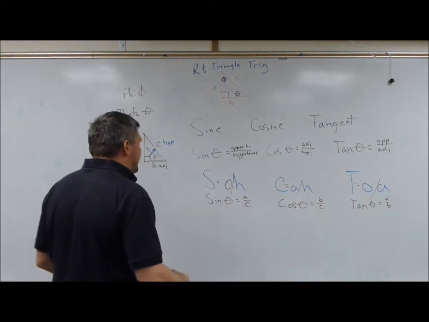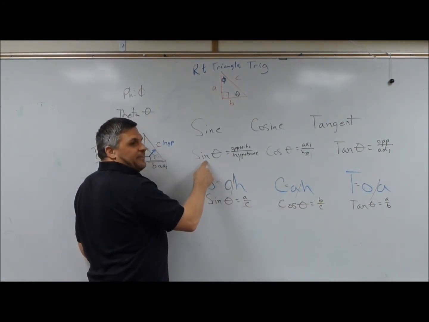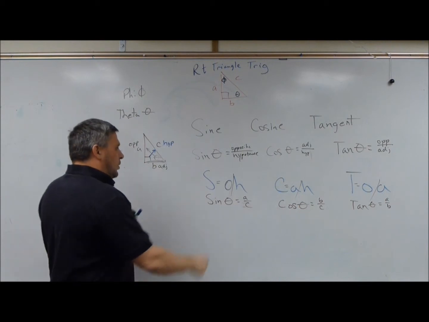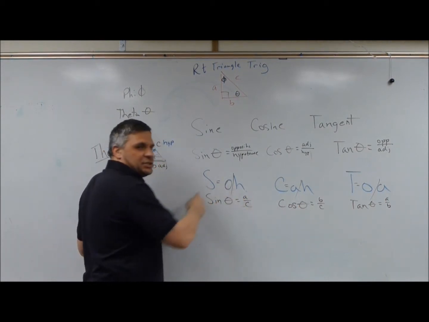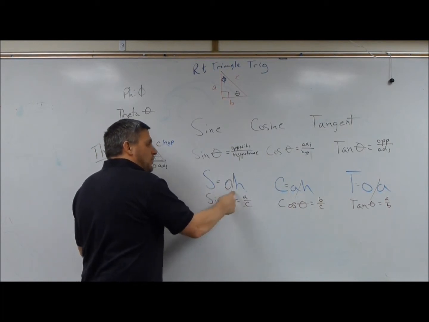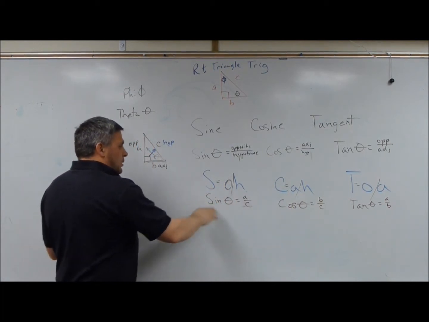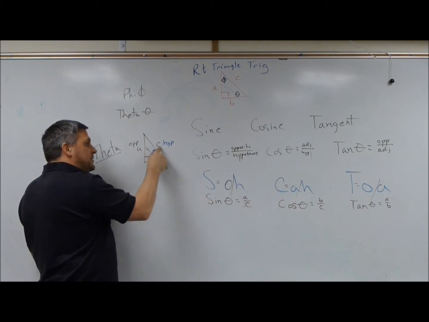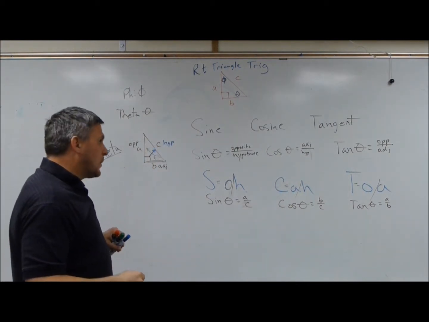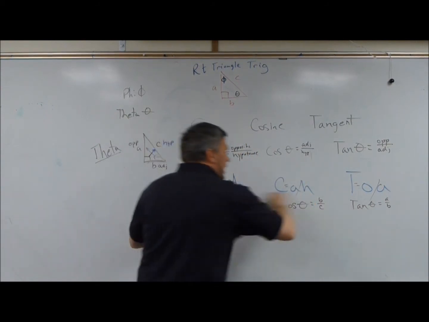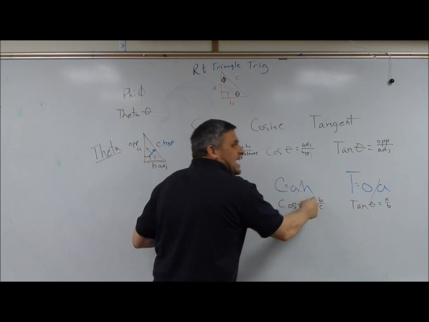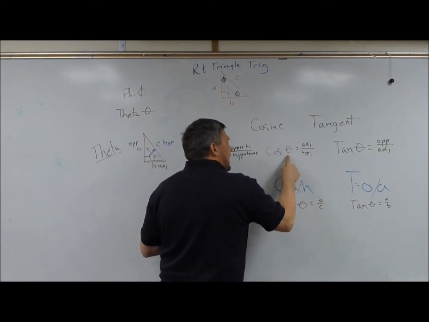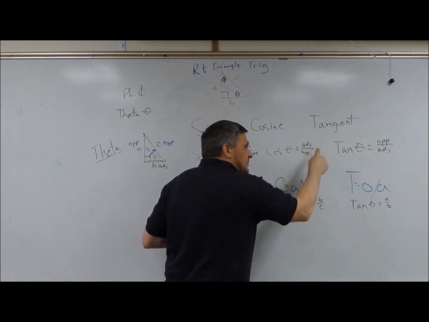SOHCAHTOA is basically the sine of theta is equal to the opposite leg over the hypotenuse, or SOH, S-O-H, which is really S equals O over H. In this case, sine of theta is equal to A over C. Then you have cosine, CAH, C-A-H, or in other words, C equals A over H. In other words, cosine theta equals the adjacent leg over the hypotenuse.